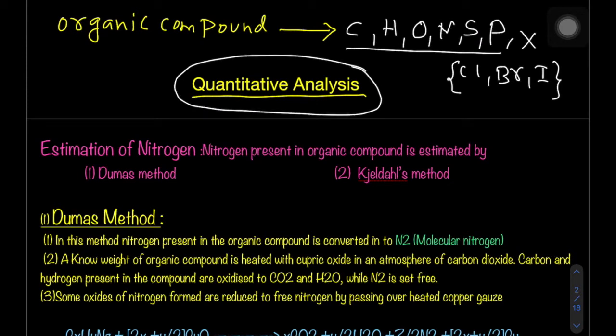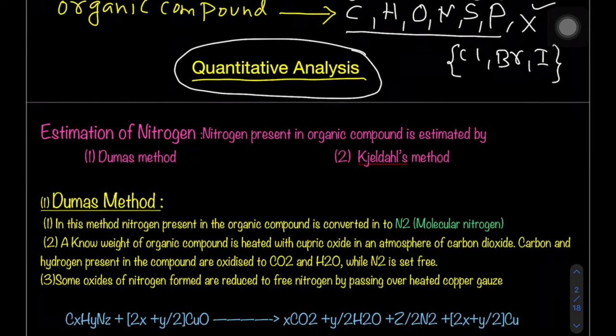There is one more topic, qualitative analysis, which is the detection of these elements: how to detect carbon, nitrogen, oxygen, sulfur, phosphorus, halogens. Now we are dealing with quantitative, that is the estimation of elements in the given organic compound.